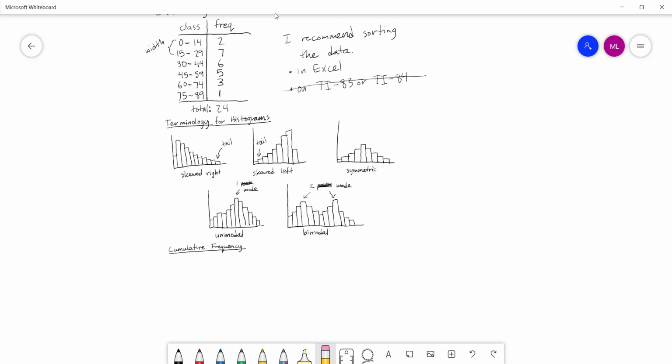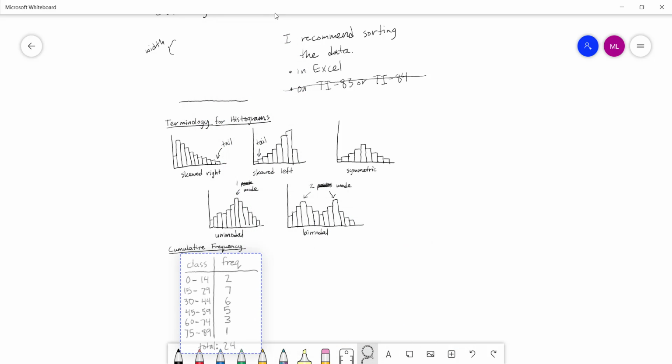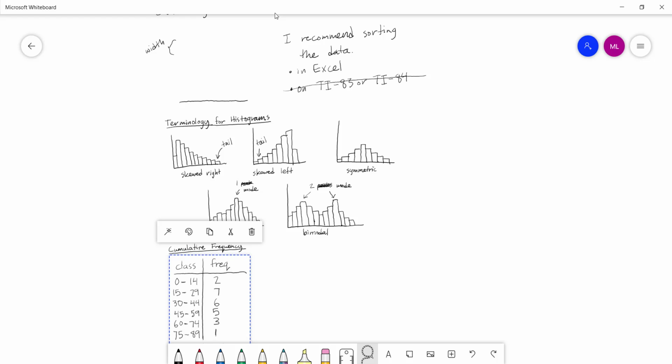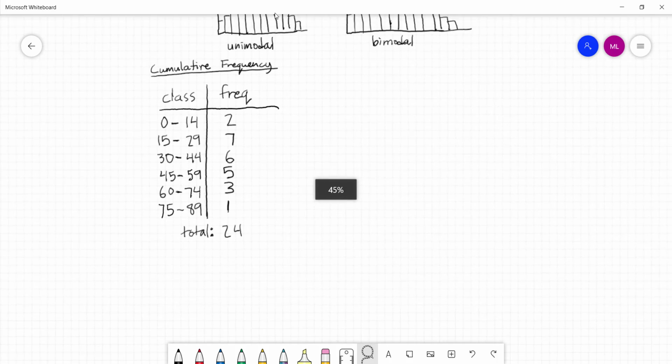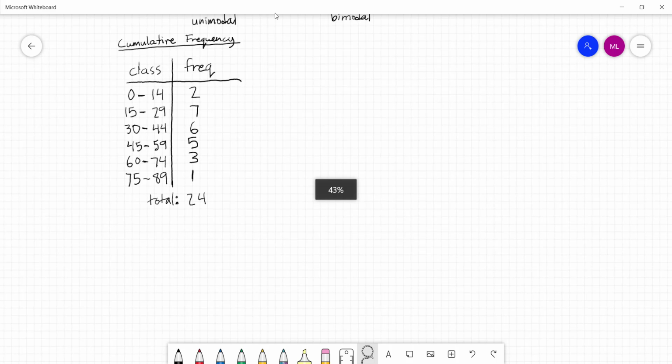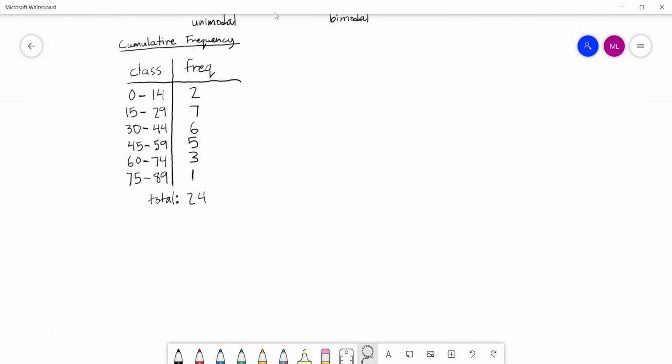Okay, so I've just copied it down here. Imagine I want to create the cumulative frequency.